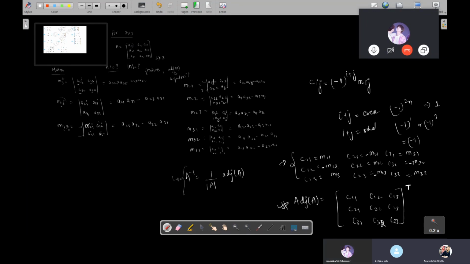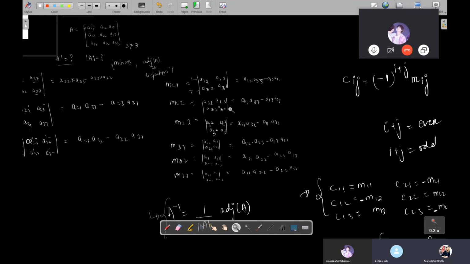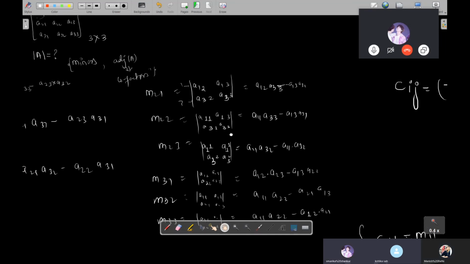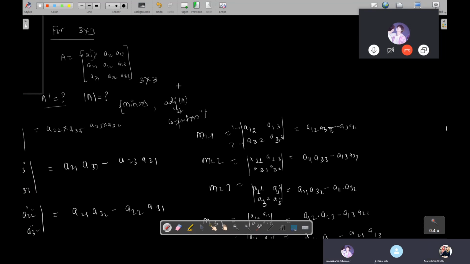For determinant of A, what you need to do is, either you can take a row element or a column. So if I'm talking about row, let me take row A11, A12, A13. Just write A11 plus, minus, plus, that is the sign will alternate. The first start will be plus, minus, plus.